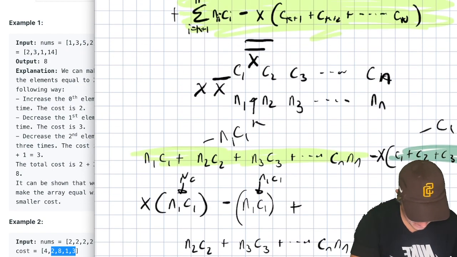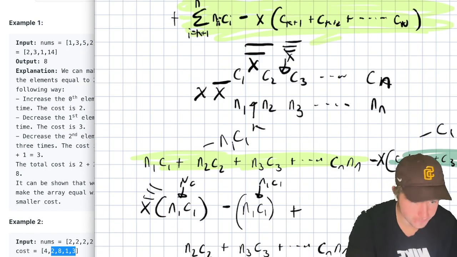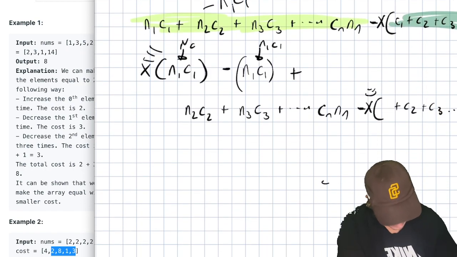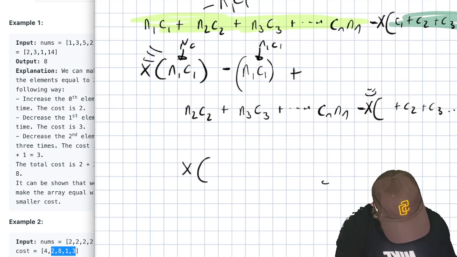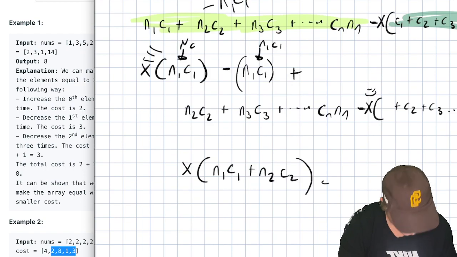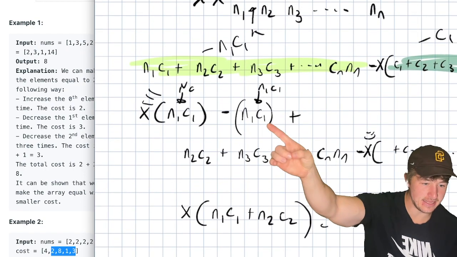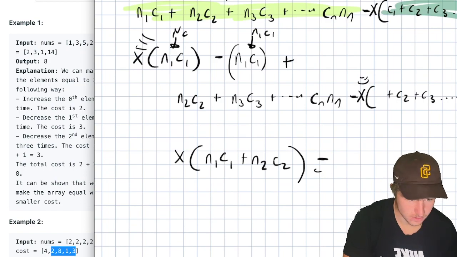Okay. Now, if I did another X triple prime that was in between here, what would that look like? Well, I would take this same thing and I would add N1C1 to it. I'd add N2C2 to it. Right, I'd add N2C2 to this thing. Did I mess something up here?